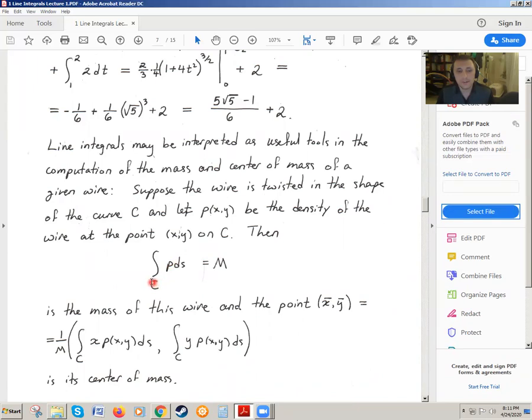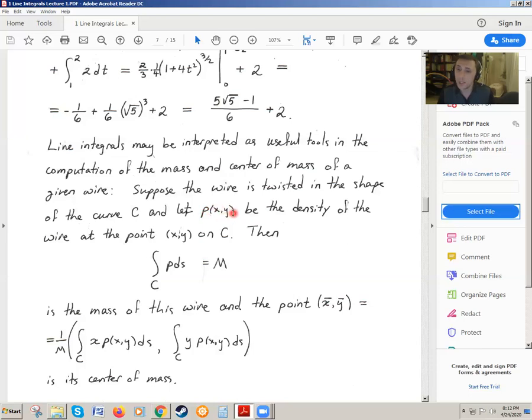Let's say we have a wire, C, made of different materials, so it has different mass as you move along the wire. Let's say rho is the density function. I imagine giving density to any point (x, y) in the vicinity that contains the curve C, and that's my linear density function.